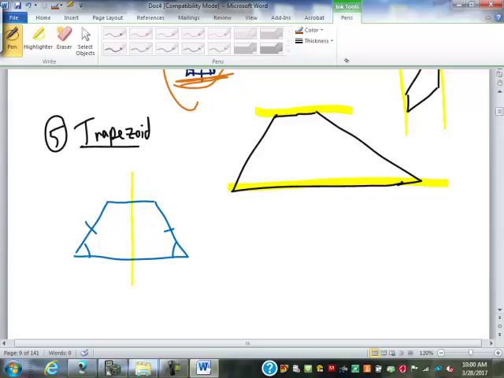Now, in any trapezoid, there is something called a median. In a triangle, you remember that median went from a vertex to the center of the opposite side. In a trapezoid, the median connects the centers of the non-parallel sides.